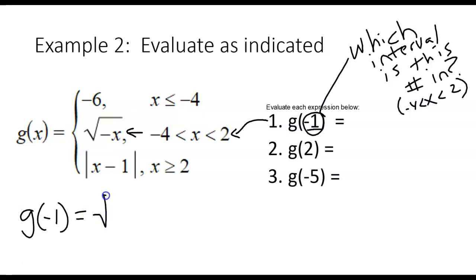So we have the square root of negative parentheses x, but instead of x, I'm going to leave it blank because I'm going to plug in a -1. So we have a negative from the actual formula itself, but I'm also plugging in a -1. So we have double negatives, and the answer is 1.